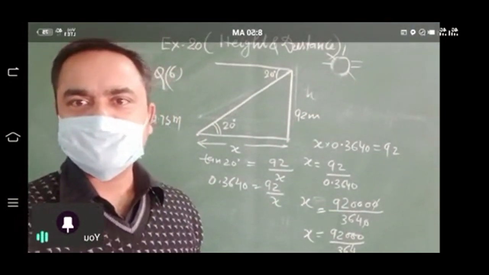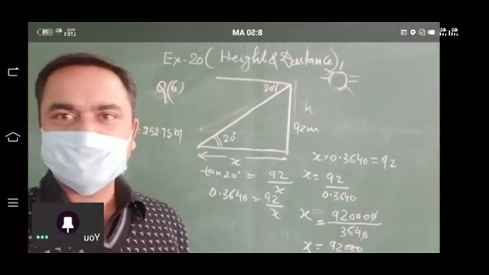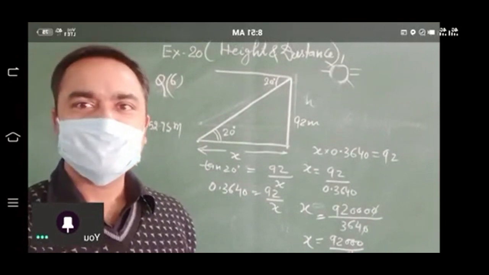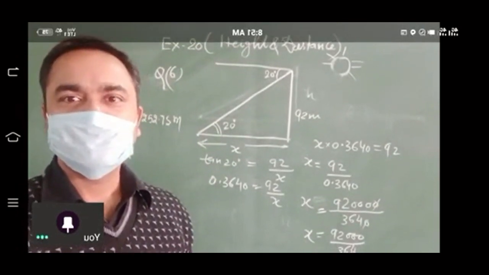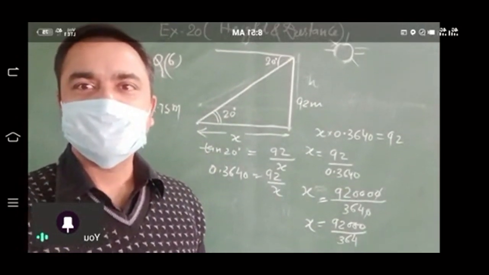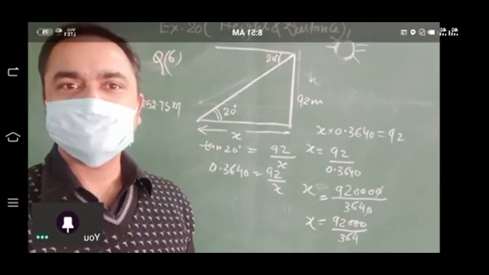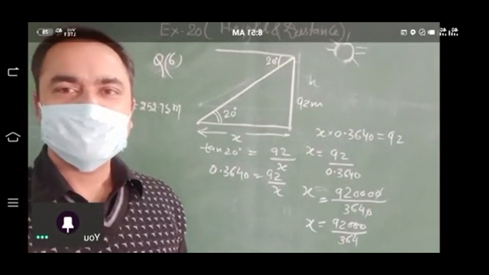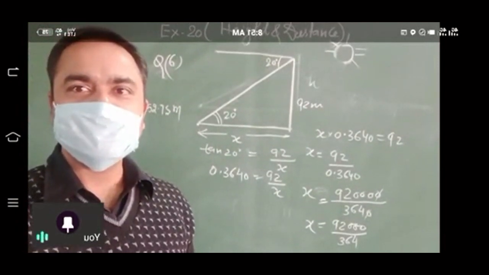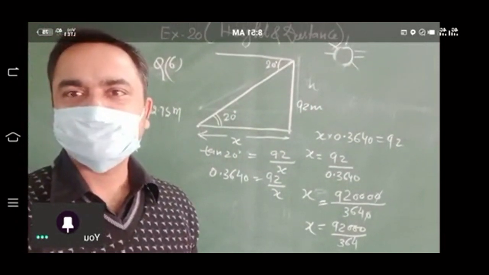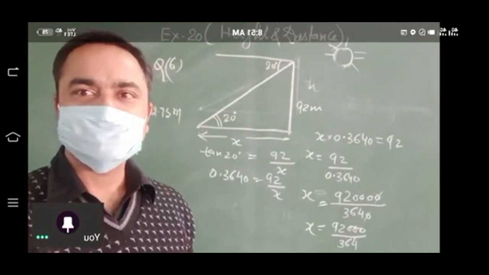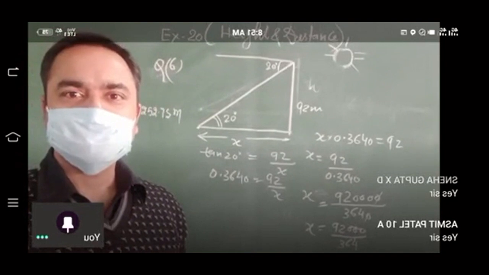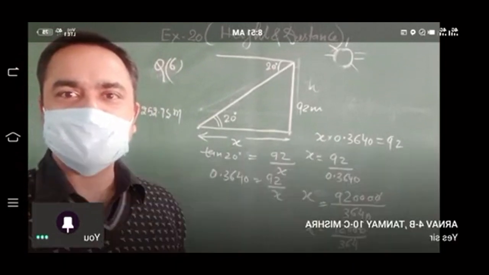What is the answer given? That is an approximation. Note down, everyone. Have you written, students? Where are the others?